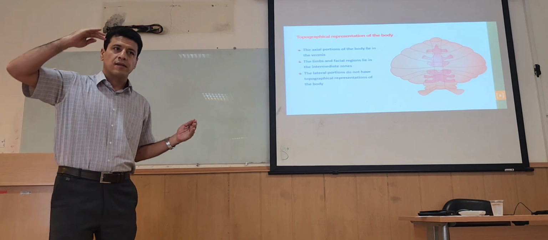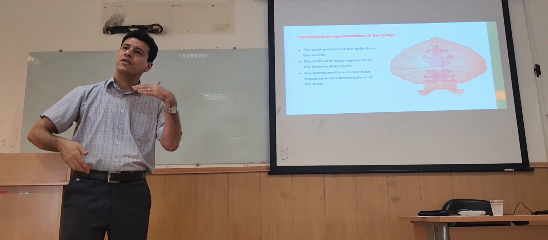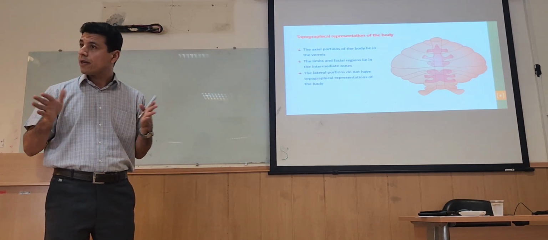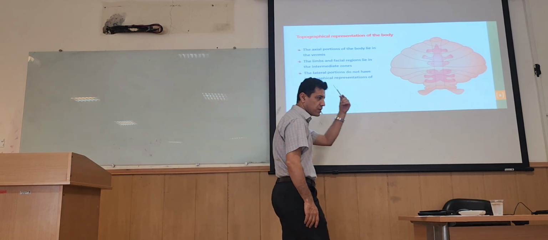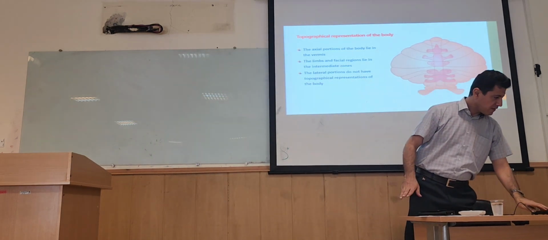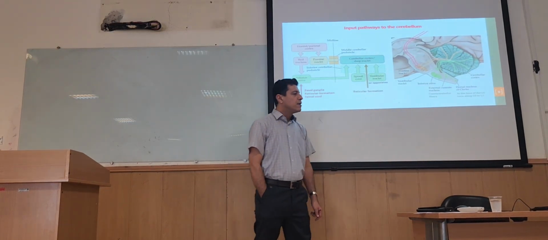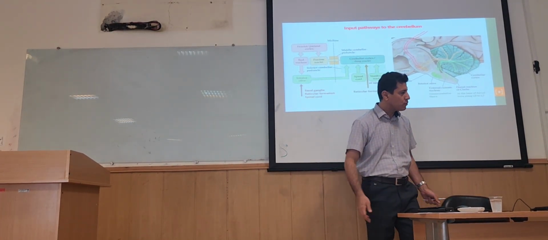I mean, they are connected to the cortex, body, reticular formation, red nucleus, vestibular nuclei. So all motor systems provide input to these areas. In the lateral zone, we don't have any map. Nothing comes here from the body or from a specific motor part of the brain.